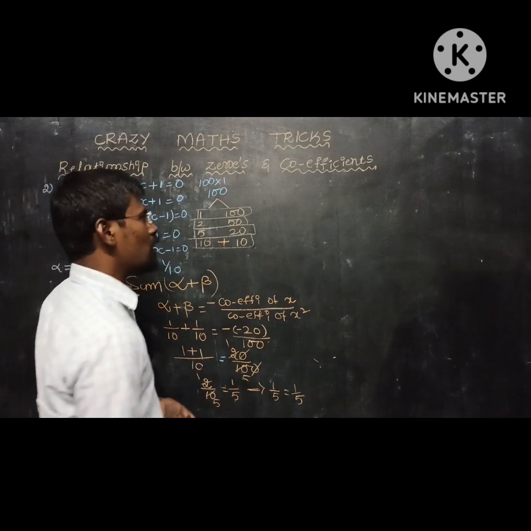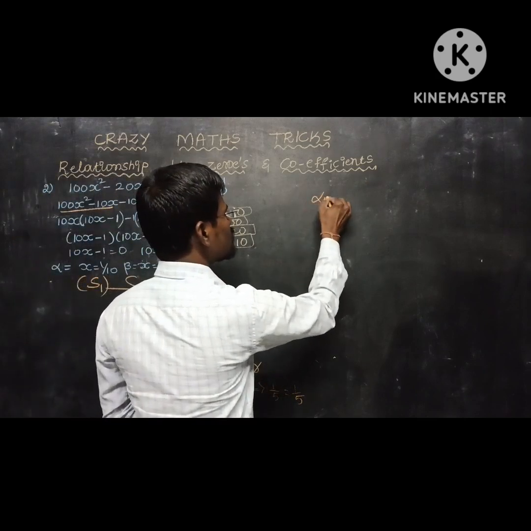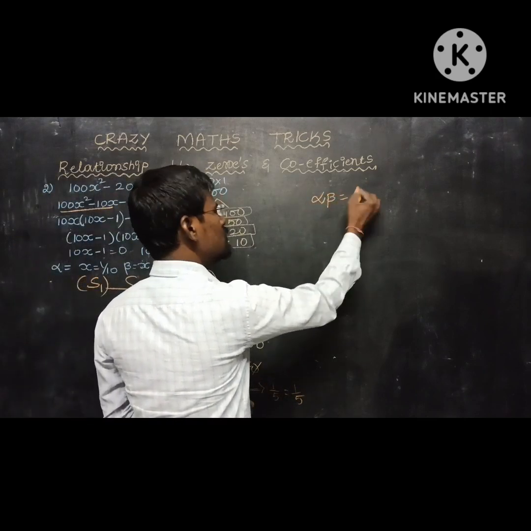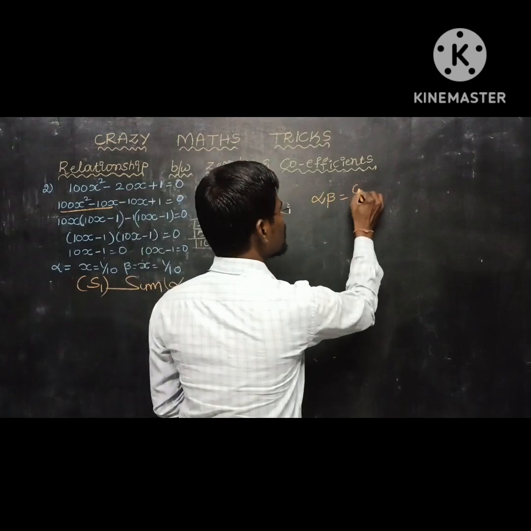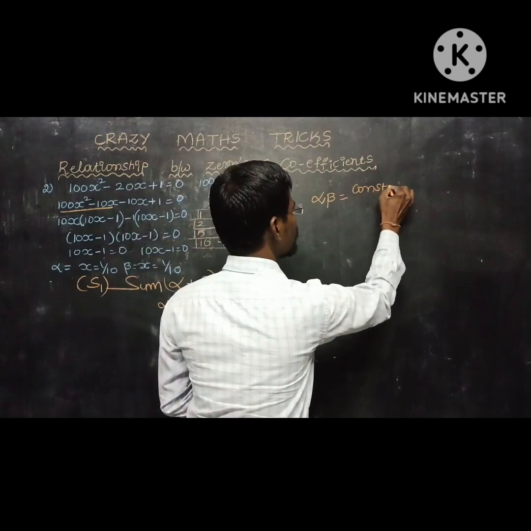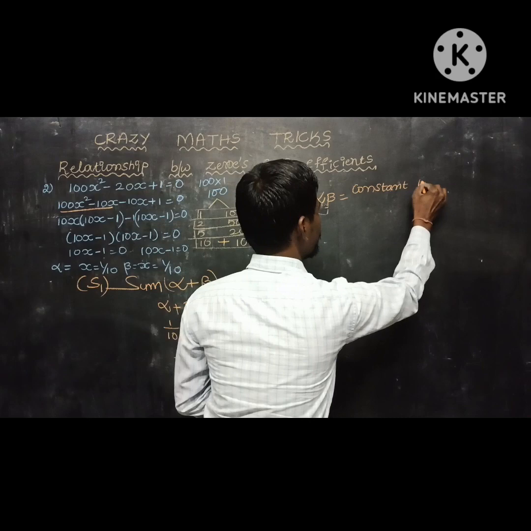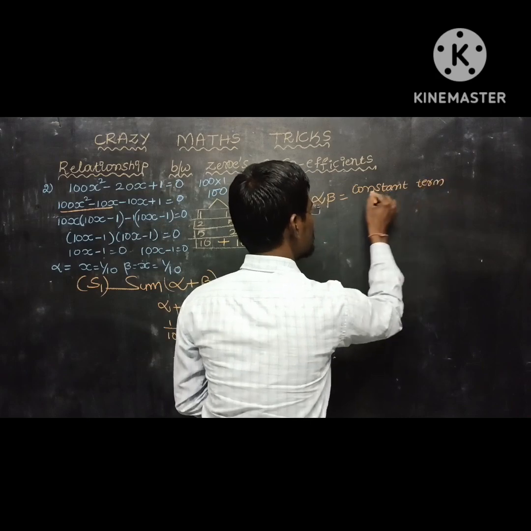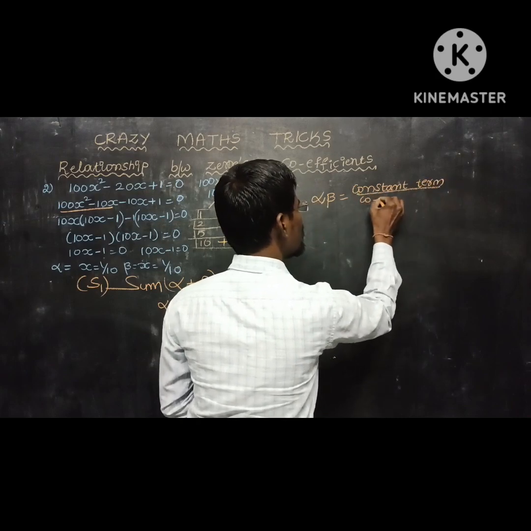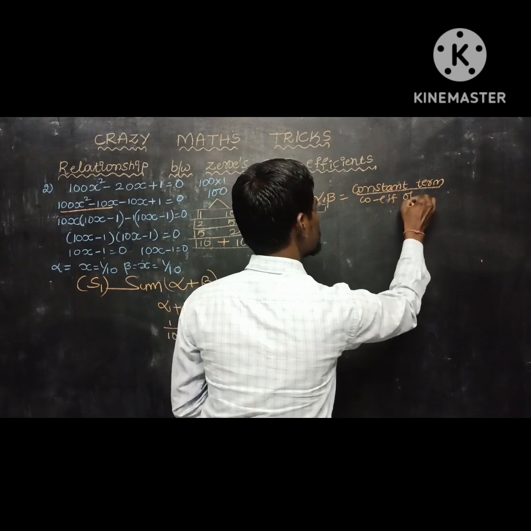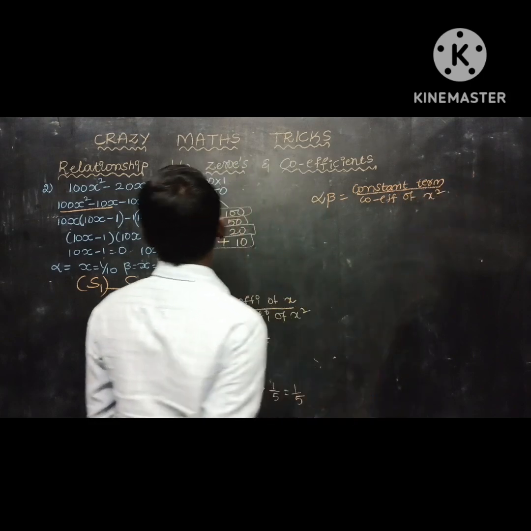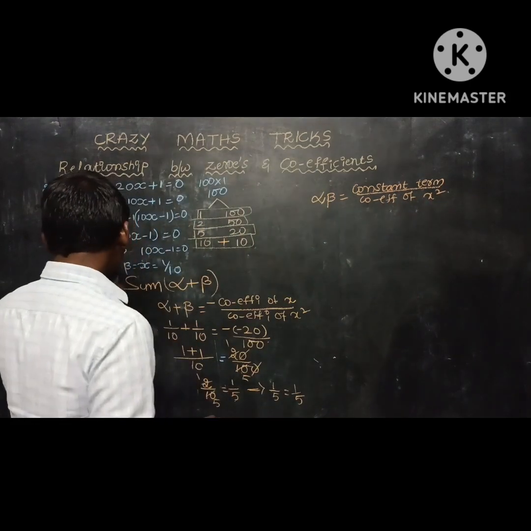And we are doing right now the product of zeros. Alpha, beta is equal to, we said, constant term by coefficient of x square. What is here?